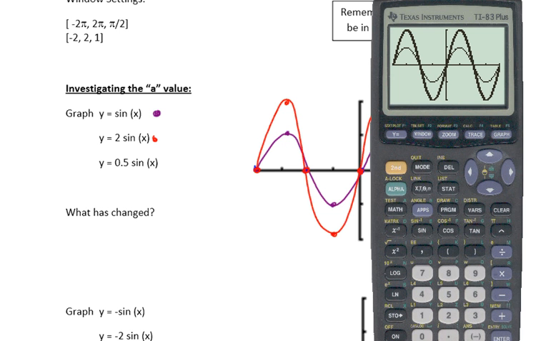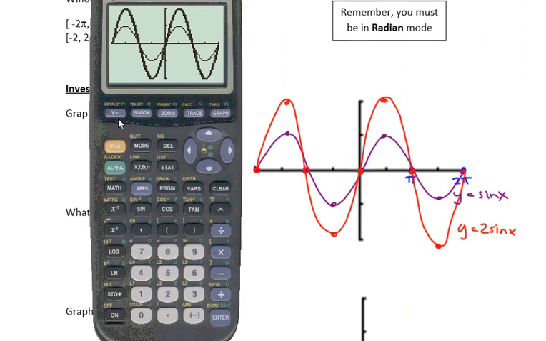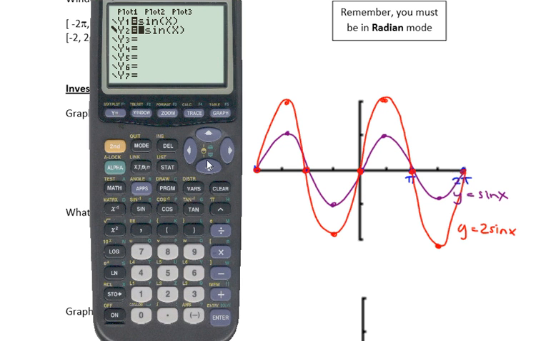And then one more graph. Maybe what you can do is delete the 2 and change that to 0.5 sine x. We'll compare it to the regular graph. The 2 sine x was twice as high. Here's our original y equals sine x. What's happening to y equals half sine x?